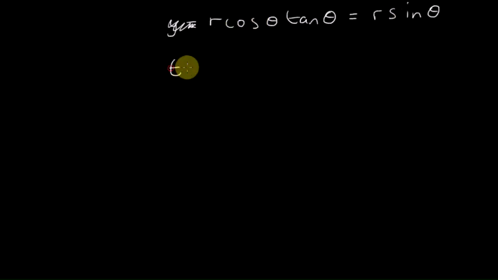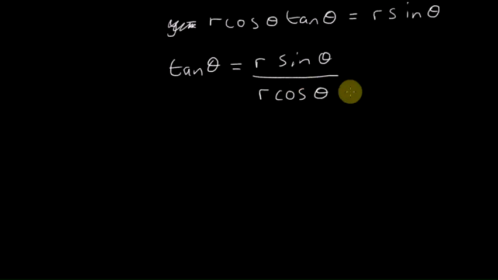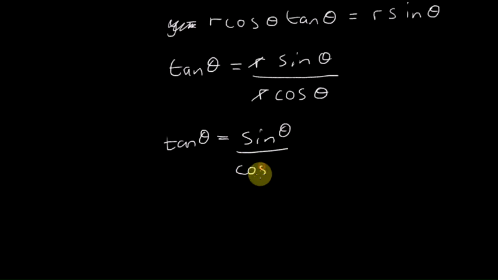So you're going to be left with tan theta equals r sine theta divided by r cos theta, and let's cancel the r's, so you're just going to have 1 there, but we don't need to write that. So then you end up with tan theta equals sine theta over cos theta.